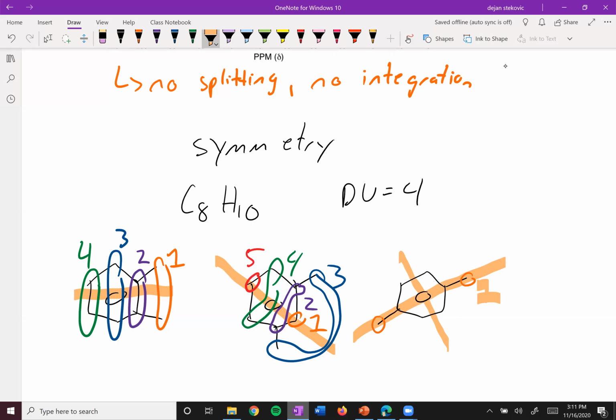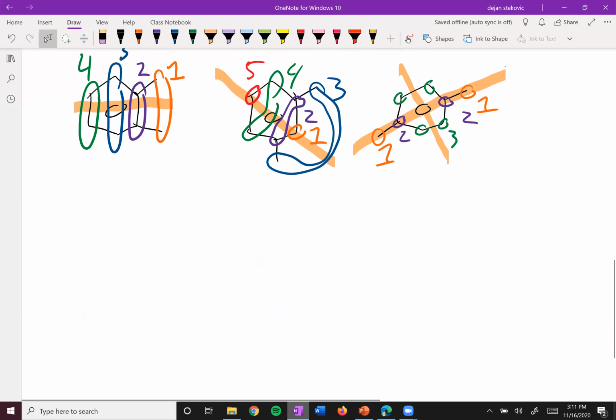These 2 are going to be number 1, these are going to be number 2, and then all 4 of these will be number 3. So only 3 peaks. So by using symmetry and just looking at how many peaks there are in the carbon NMR, if you have a benzene, you can figure out what kind of substitution pattern you have if you have this disubstituted compound.